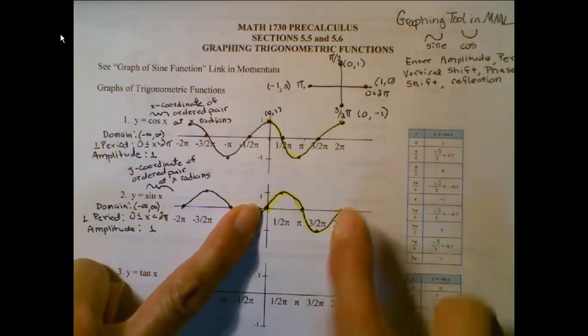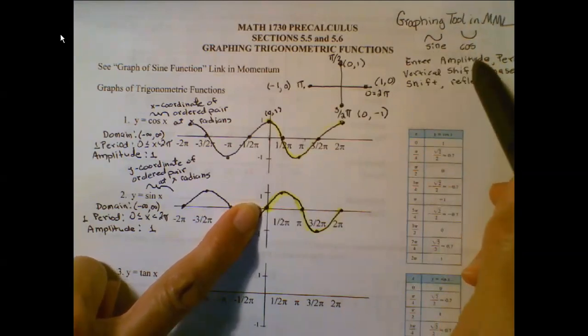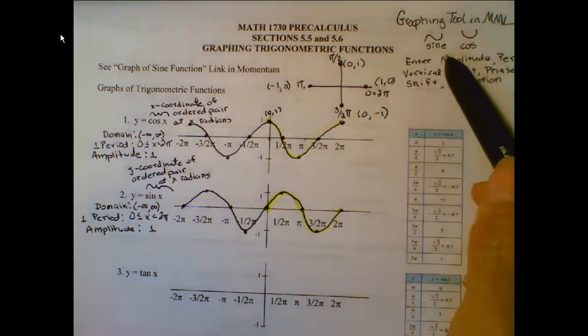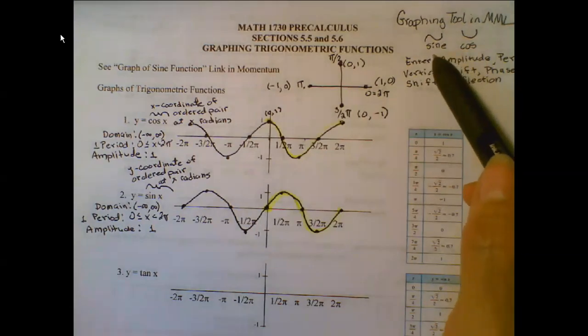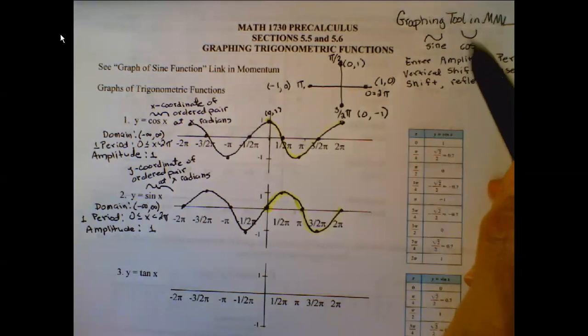And my math lab has tools for graphing sine and cosine. I was glad that all the problems in tonight's homework didn't just have to be multiple choice graphs. When you're graphing sine, you want to choose the wave that looks like this. And when you're graphing cosine, you want to choose the wave that looks like this.